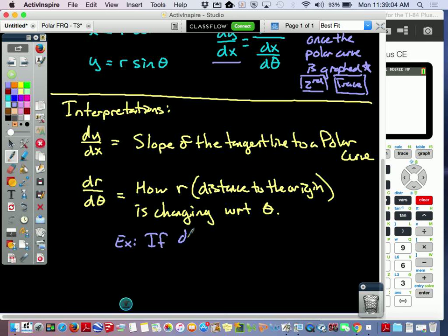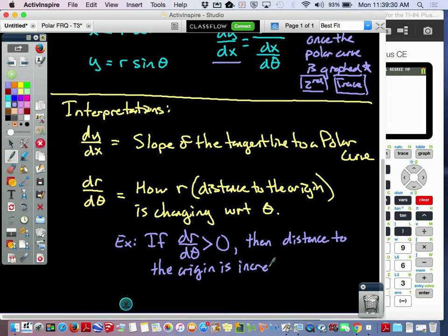If dr d theta is greater than 0, then the distance to the origin is increasing.